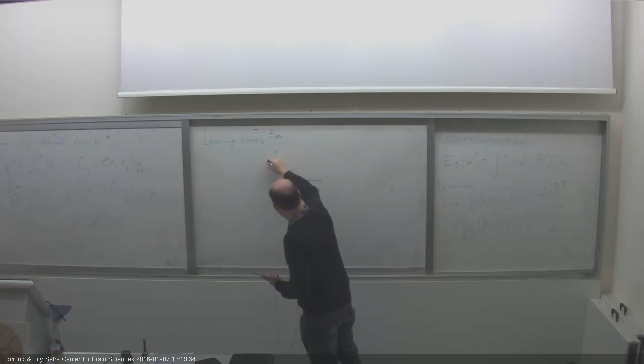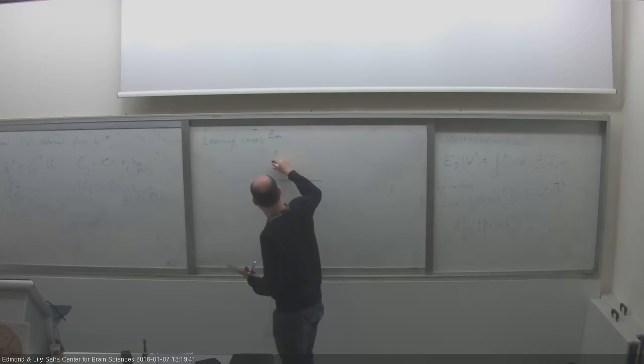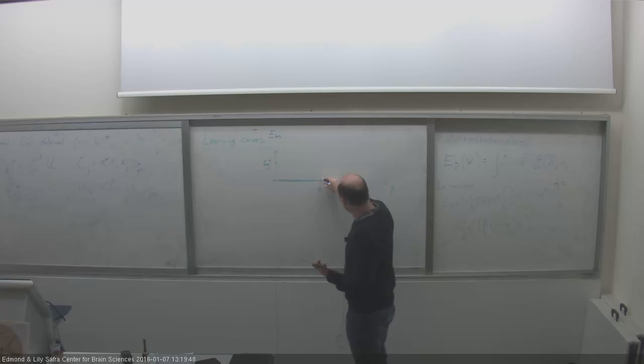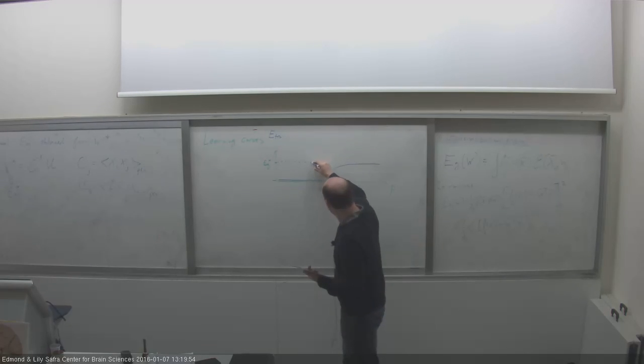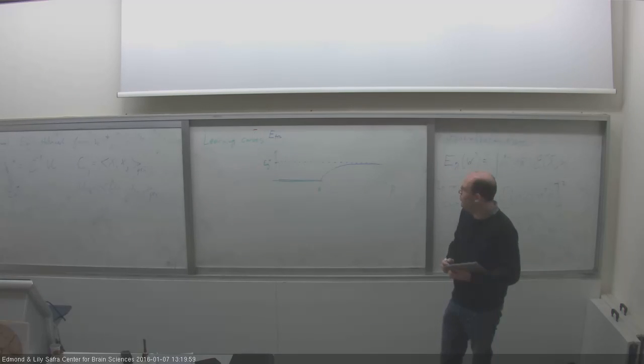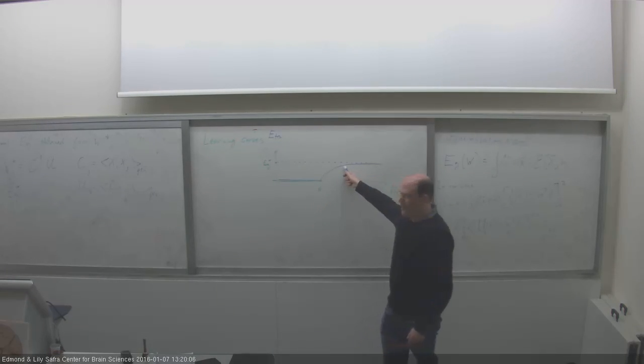So let's denote EG star here. I'll do this in green because we'll use it in more than one context. So we can expect that the training error will start to increase and approach EG star.